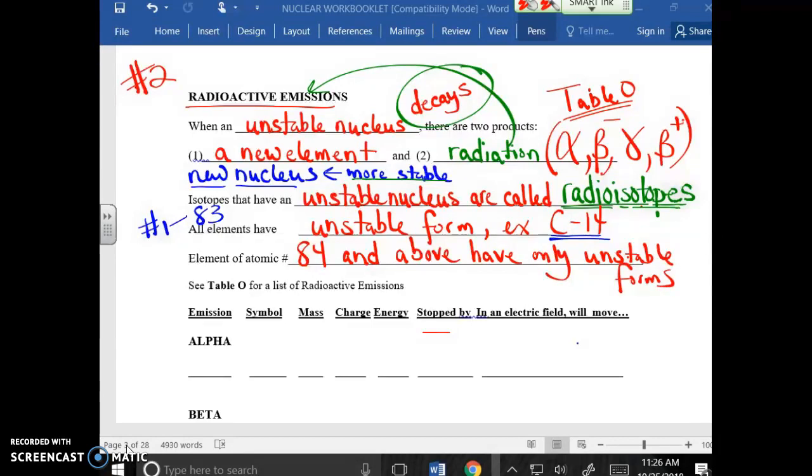Now, you are given a lot of help in this unit in the forms of Table N and Table O. Today we're just going to be looking at Table O. You're going to see that it answers a lot of questions. Merely referring to it, you'll know things like the mass, the charge, and of course the symbols are given to you as well. Let's take a close look at these.